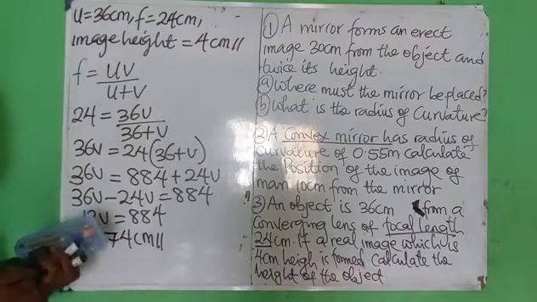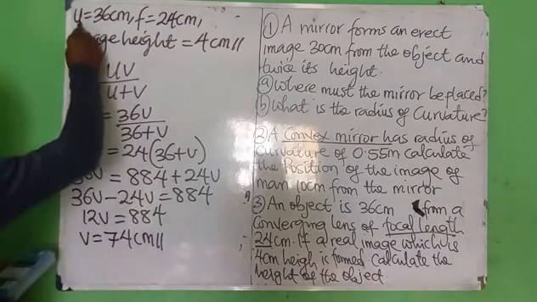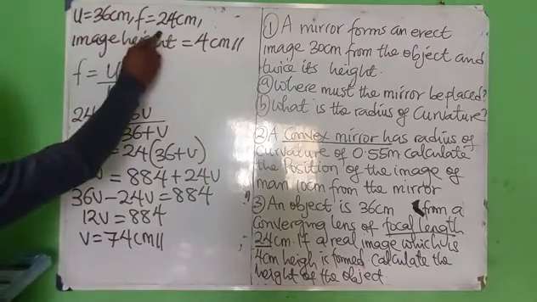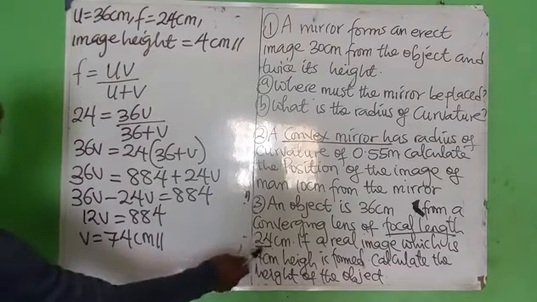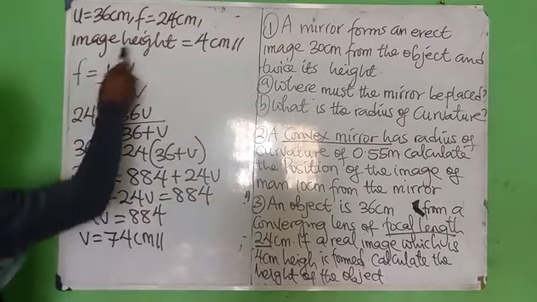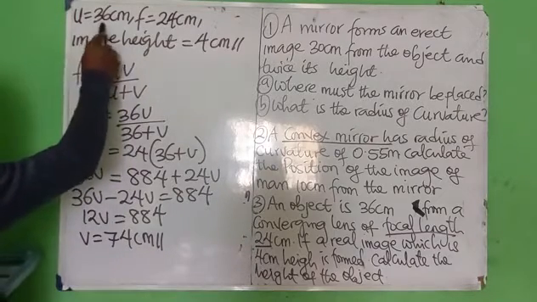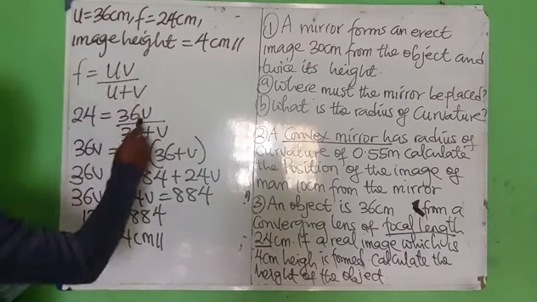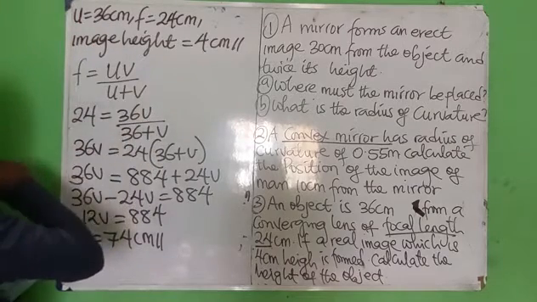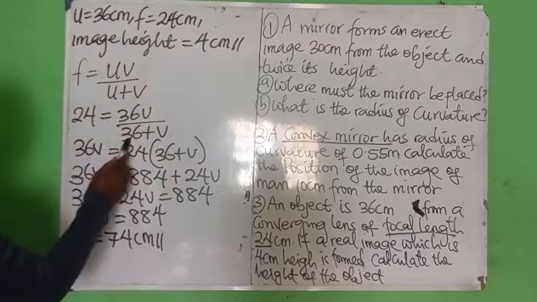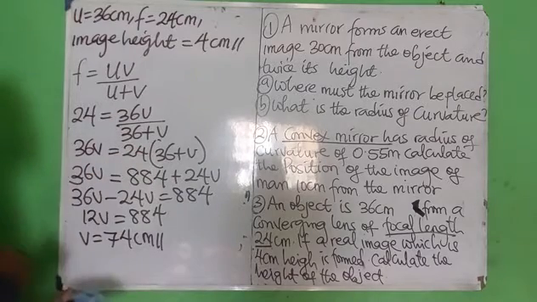Let me take it again for a better understanding. F was given as 24, which is the focal length, and the object distance U was given as 36. You have your V, then U is also 36 plus V. What do you do next? You cross multiply.